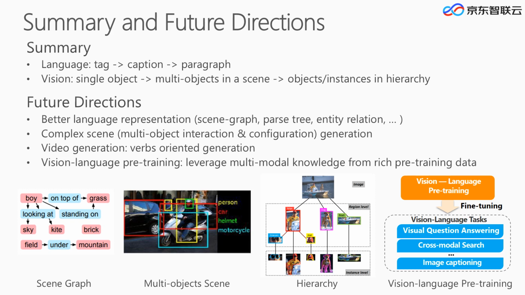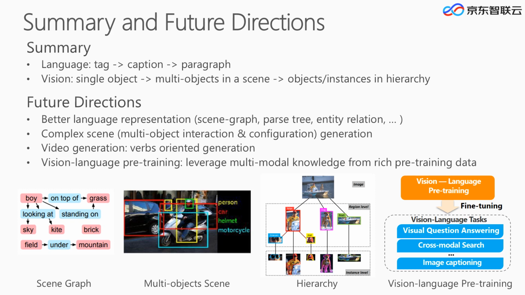In the near future, there are several main trends. Better language representations are being exploited in the NLP domain, for example, the scene graph, parsing tree, entities, and the relationship. Moreover, complex scene graph is another trend, since it is still far from mature.